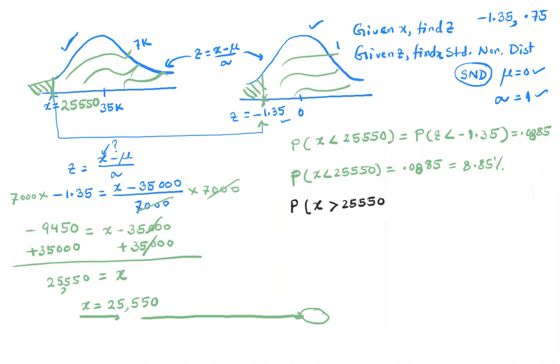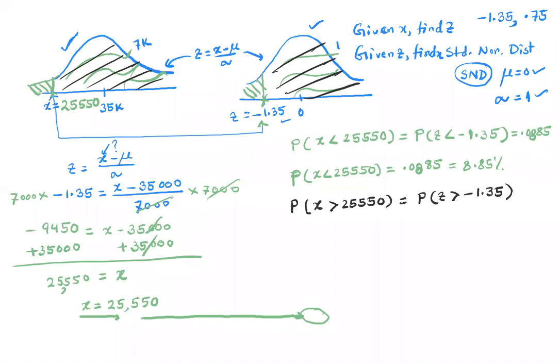Now, on the other hand, if I were to ask you, find the probability that X is greater than 25,550, that means the probability that a randomly selected person makes more than this much is going to be all the area to the right, which is the probability of Z greater than negative 1.35.